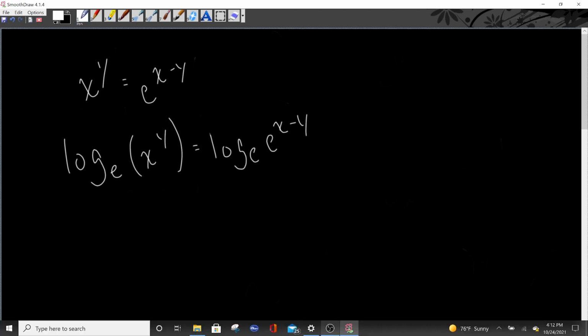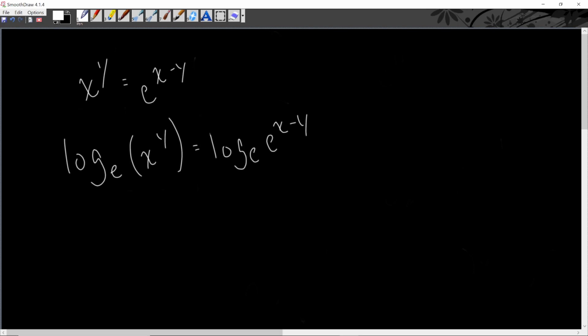With our natural logarithm, and with all of our logarithm properties, we can actually bring a number like this out here. Any exponent of a log can be a constant that is multiplied by that log, so this is going to be the same as y ln x is equal to, again, these logs cancel out, x minus y. And then from here, this is a relatively normal dy dx type situation.